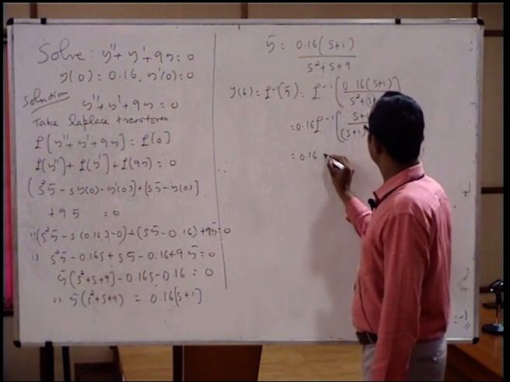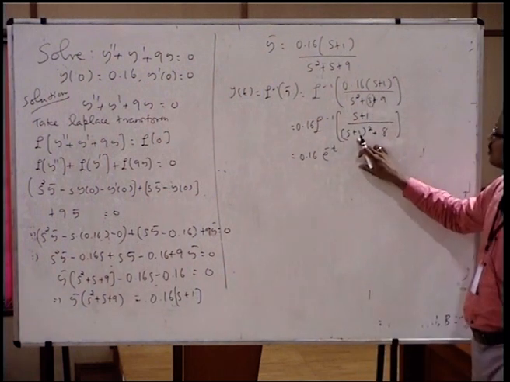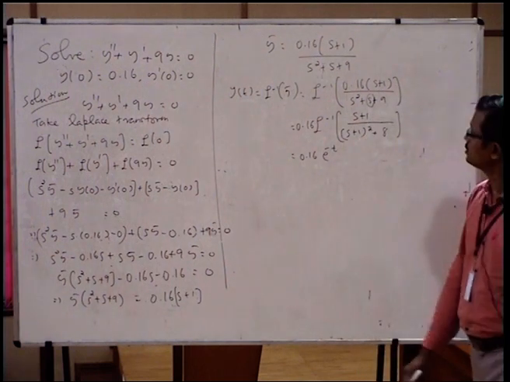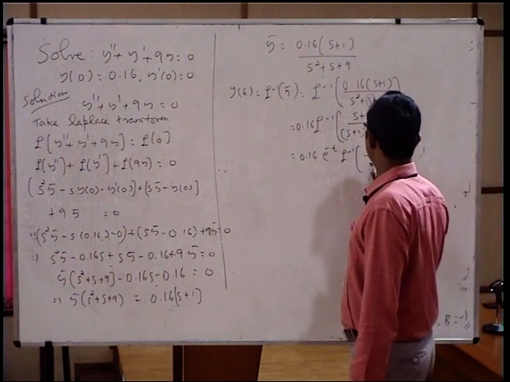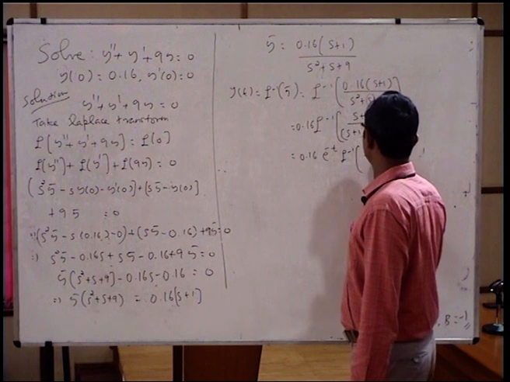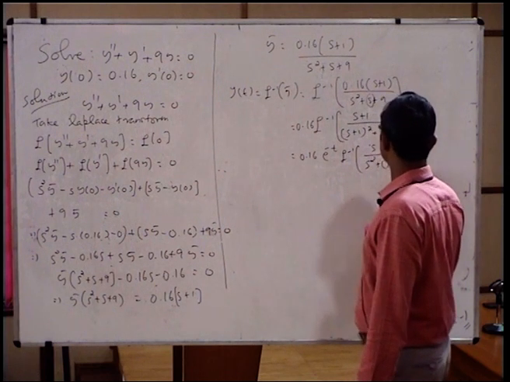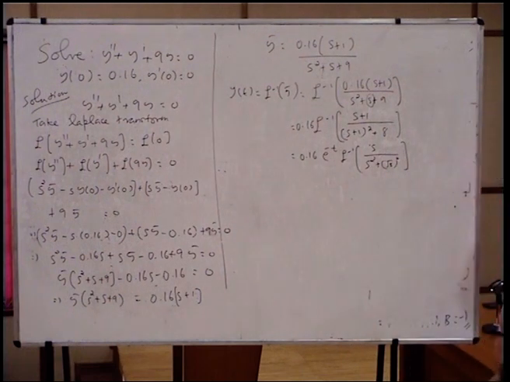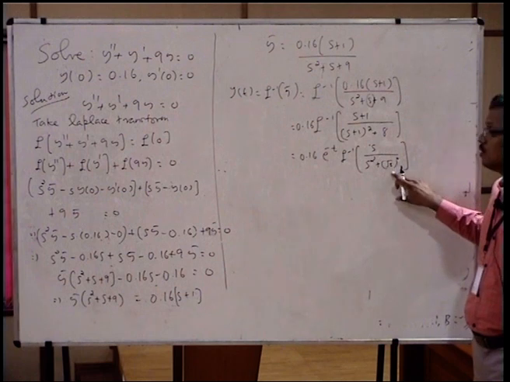So this becomes 0.16 into e raised to minus t, because s plus 1 is present in both numerator and denominator, L inverse of s by s square plus root of 8 square. So it is of the form s by s square plus a square.